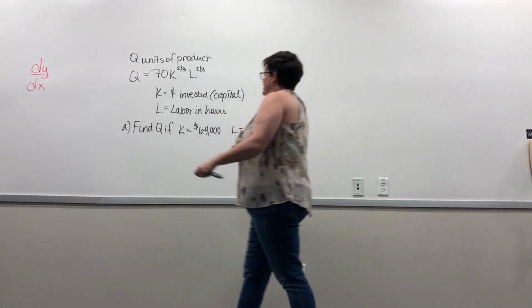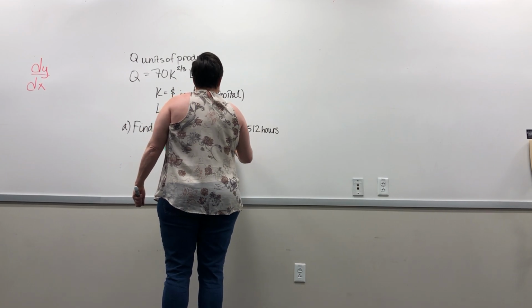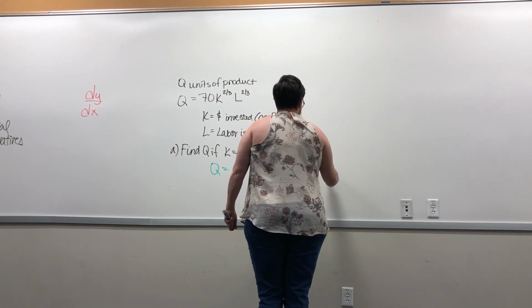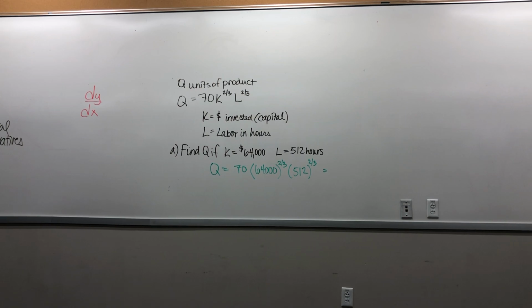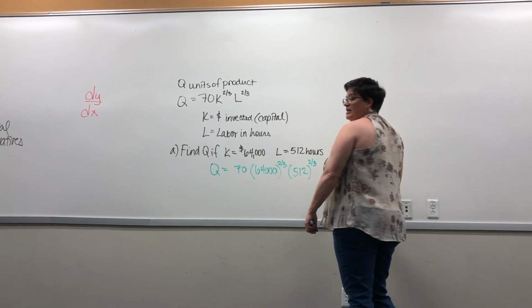Q equals 70 times... So is it like 7,168,000? Okay, 7,168,000. Yeah.